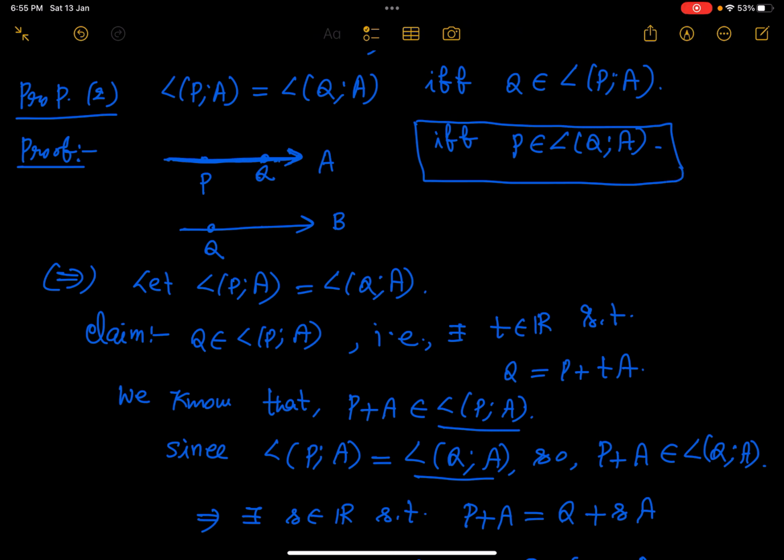In a similar way, just try to play around with the point P. So this gives a nice criterion to check when two lines are the same.